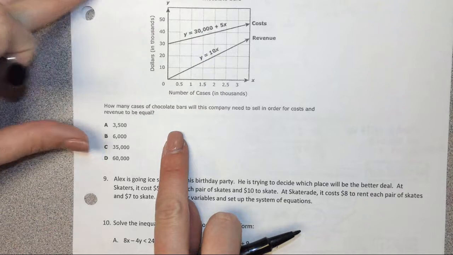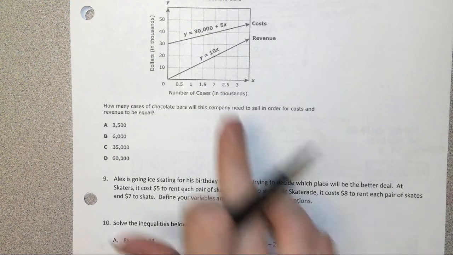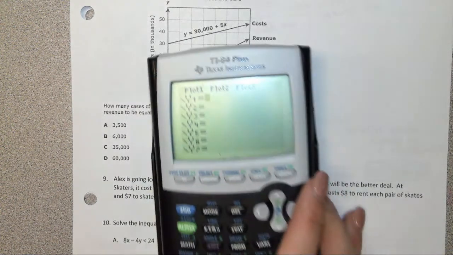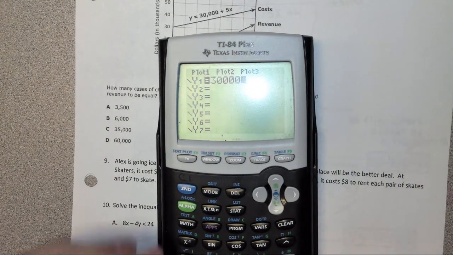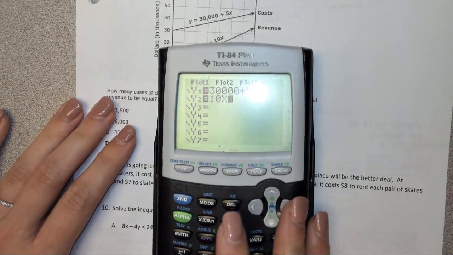Over here, how many cases of chocolate bars will this company need to sell in order for cost and revenue to be equal? Okay, well, both of those equations are in y equals, so let's plug it in a calculator. I go to my y equals screen, and I have 30,000 plus 5x, and I have 10x.